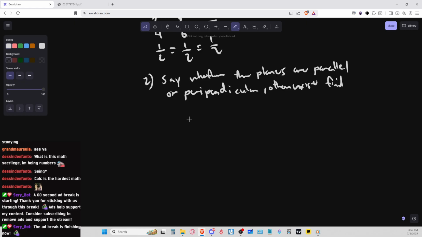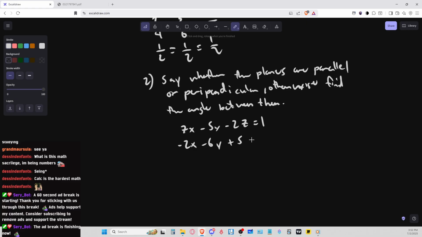Find the angle between them. Okay, so we got this plane and 2 plus 5, 7.